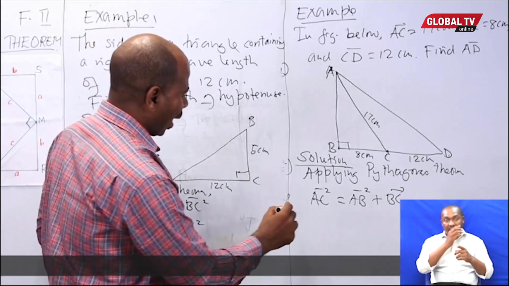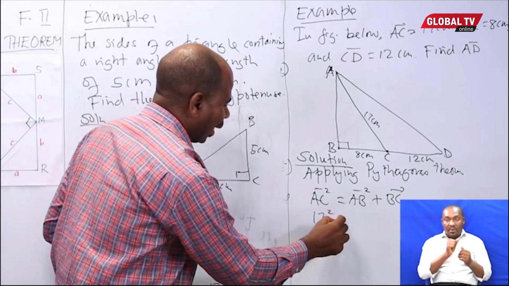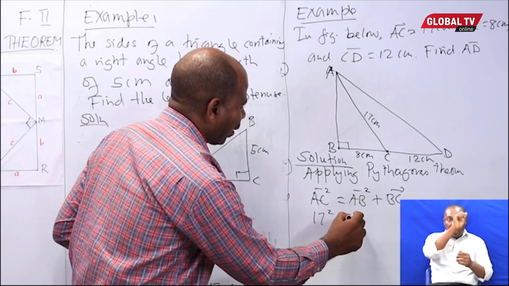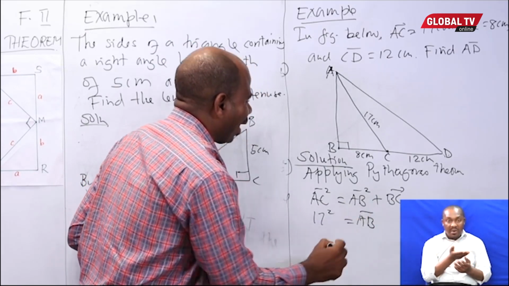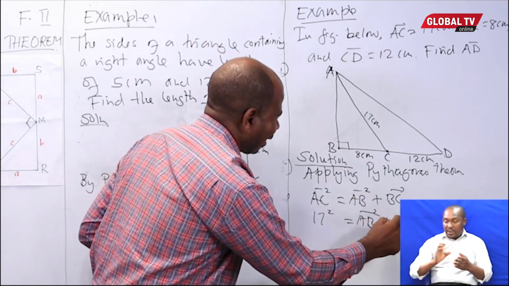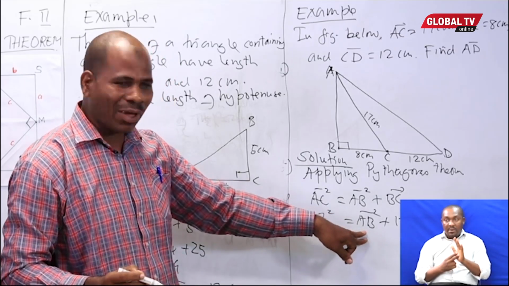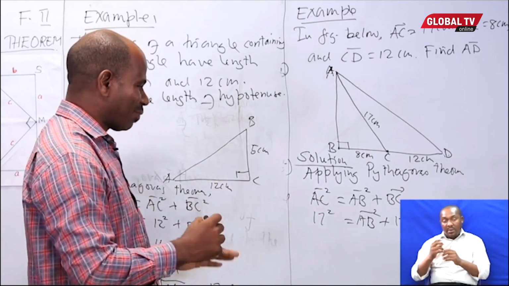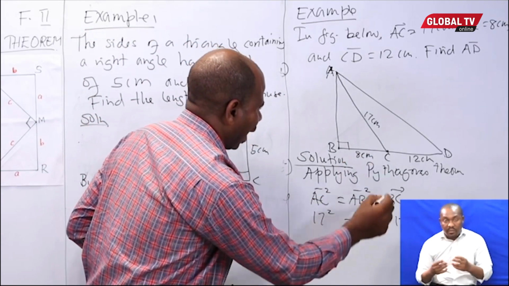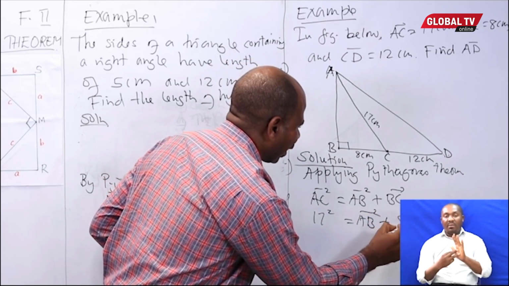AC square is 17 square, AB is unknown, and BC is 8, not 17, so 8 square. If we want to find the value of AB square, we have to subtract.